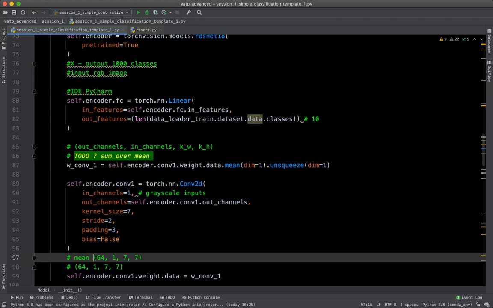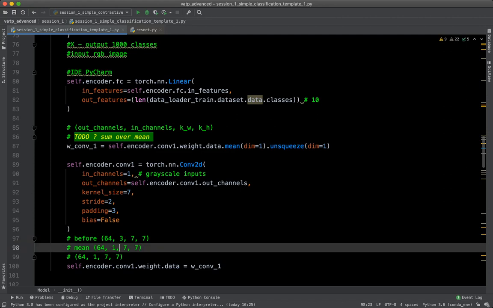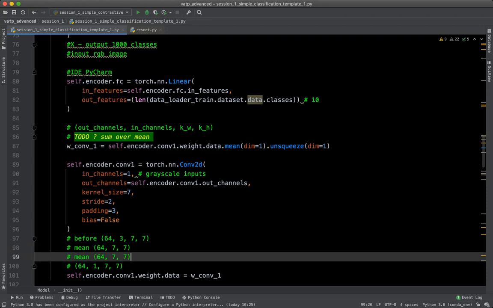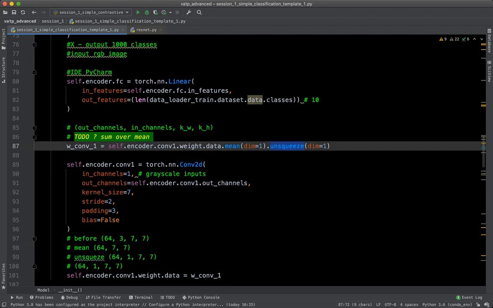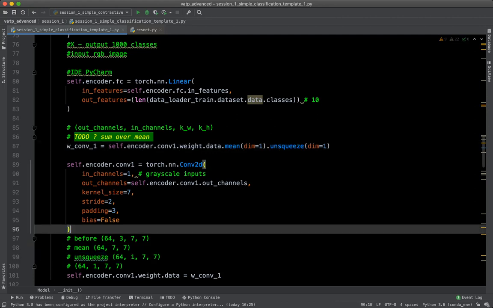So let me write down the whole stack. Before we have 3. So this is the shape before, by three channels. Then after the mean, we get this one. Then after the unsqueeze, we get this one. So hopefully that makes sense why there is an unsqueeze. Okay, cool. Hopefully that's fine.